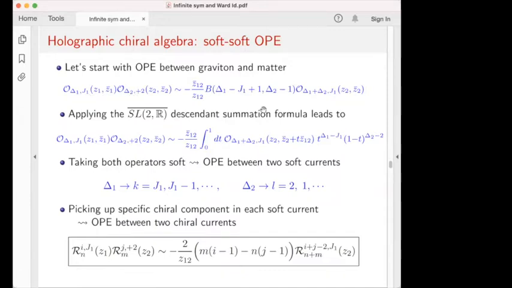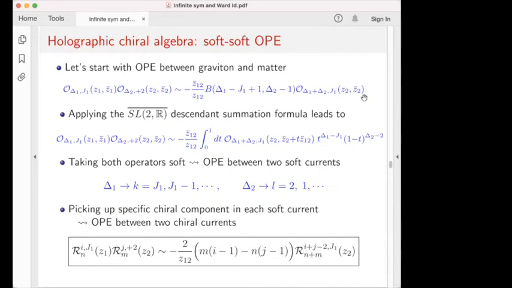And they have the following OPE that becomes another matter operator. This generalizes the previous graviton OPE. This just comes from the minimal coupling between gravity and matter, and they have the same universal coefficient due to the equivalence principle. So we can now apply the previous summation formula to include all the SL2R bar descendants.